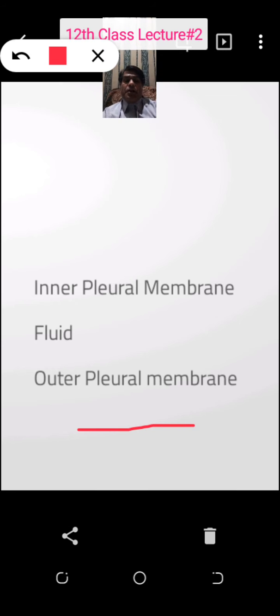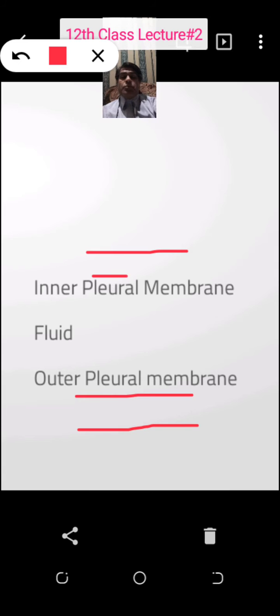Here in the lungs, similarly, there is an outer pleural membrane, this one, and an inner pleural membrane, this one.